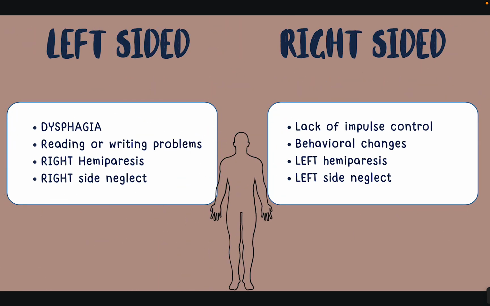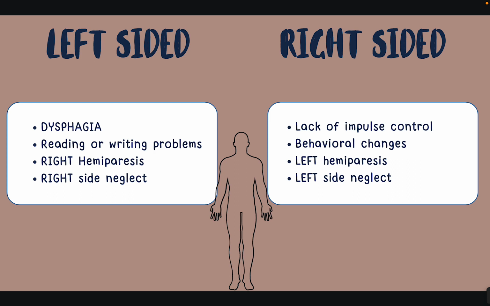So I did want to touch briefly on the differences between a left-sided and a right-sided stroke. This is actually asked a lot in MedSurg 1. I remember being asked on a test what the difference was. So make sure that you know the difference between the left-sided and the right-sided strokes, okay?